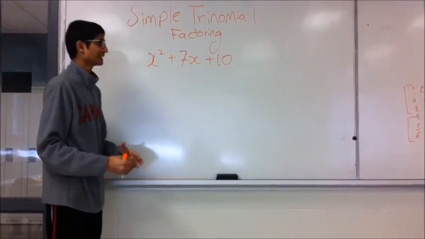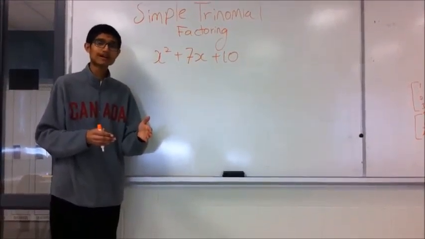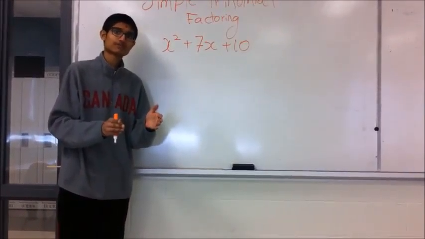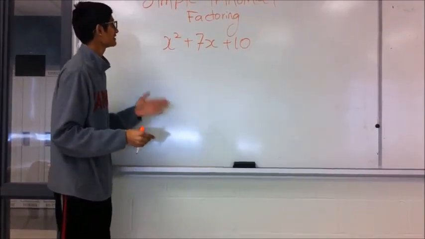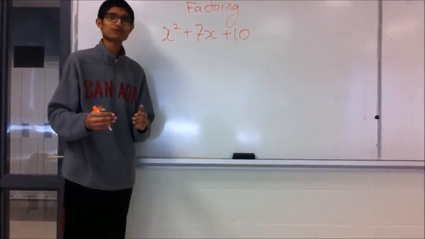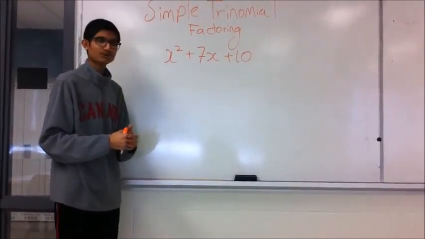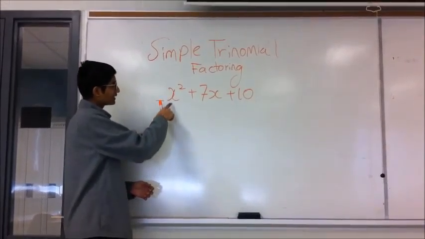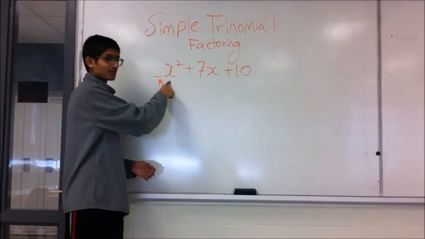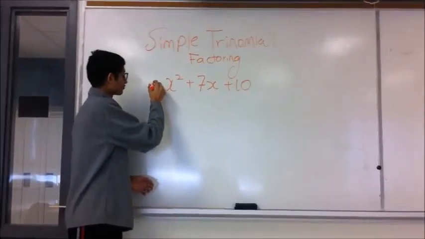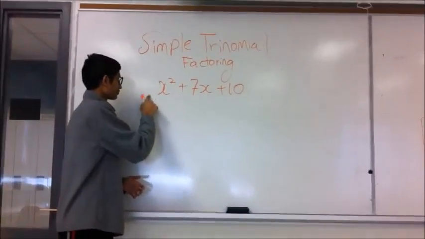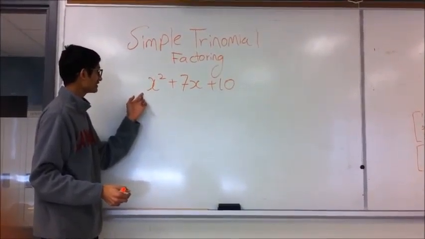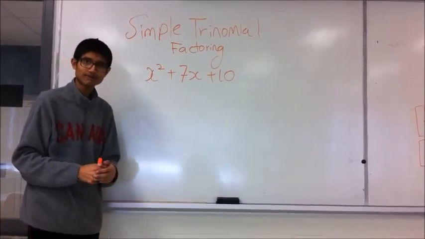Before we begin, I would just like to outline the difference between simple trinomial factoring and something you will learn later on, soon enough, which is complex trinomial factoring. The difference is that in simple trinomial factoring, there is no coefficient or number in front of x squared, so there is no 3, for example, in front of it. Basically, in simple trinomial factoring, the coefficient is not greater than 1.